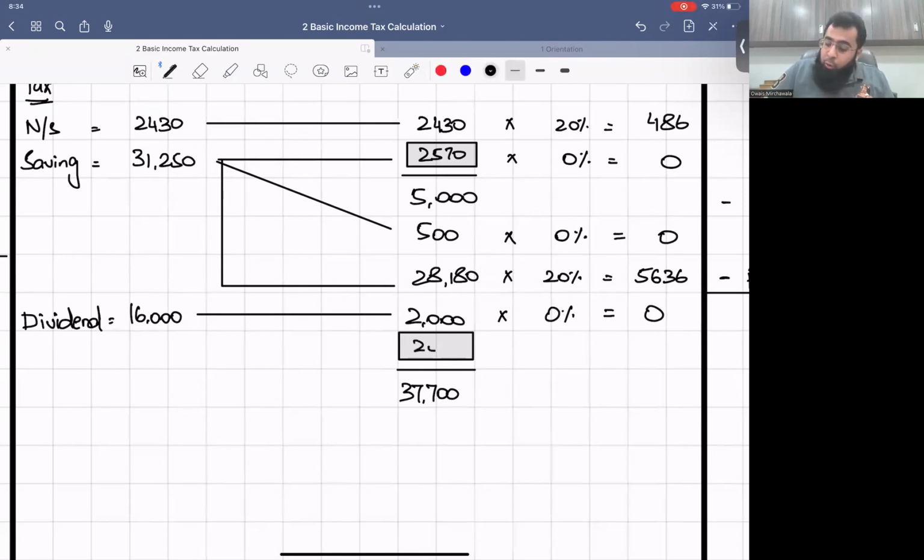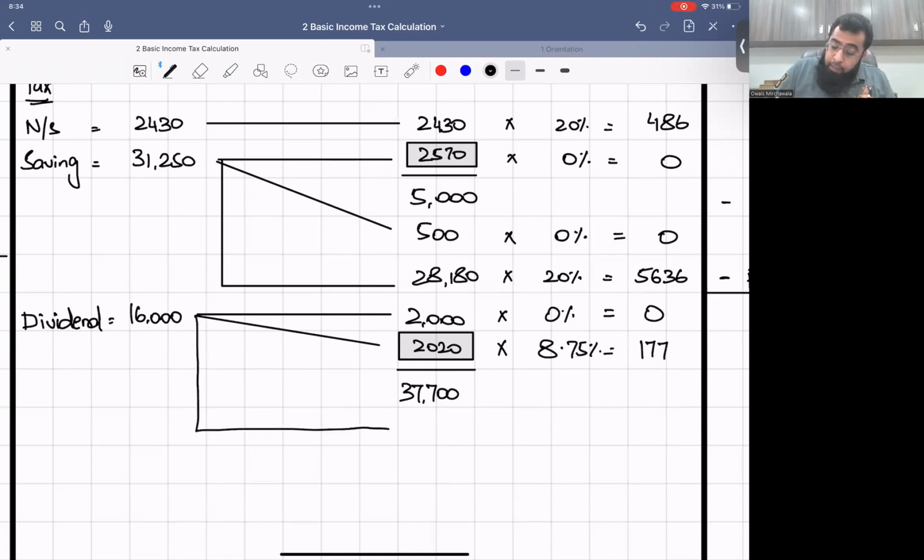So 2,020 is the remaining space in basic rate band on which the rate of tax is 8.75%. So it's 177.